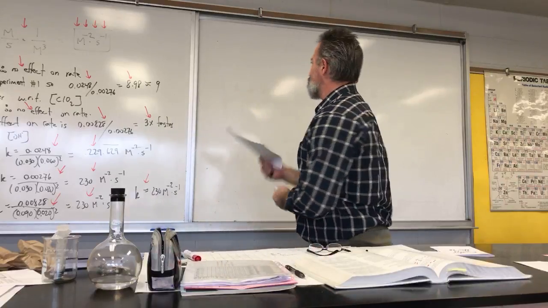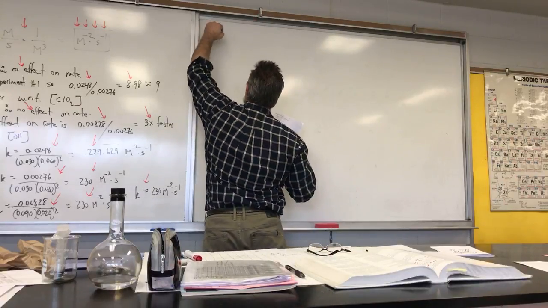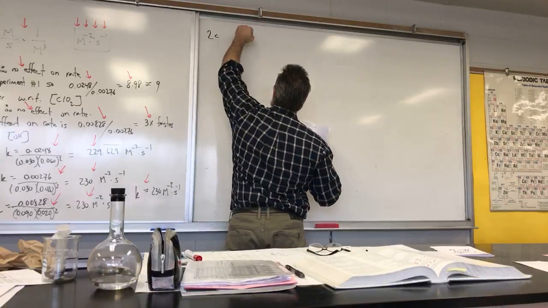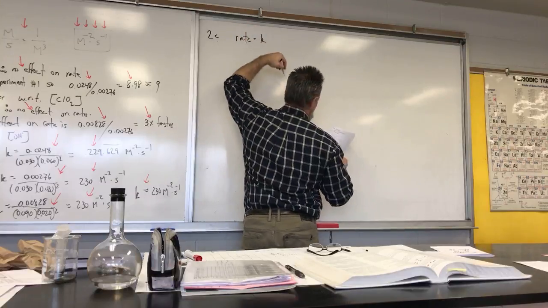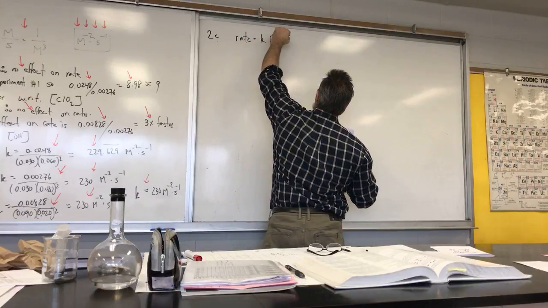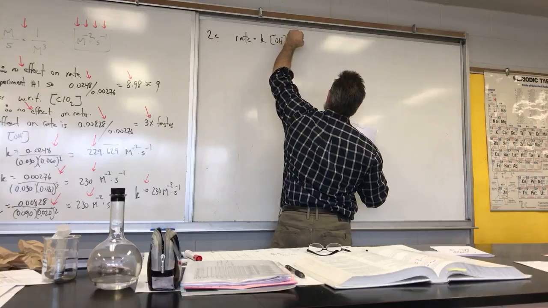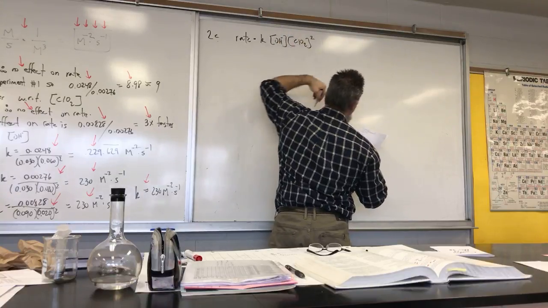So under those conditions, number 2C, rate is equal to K times OH minus, same rate law, times the chlorine dioxide concentration squared.